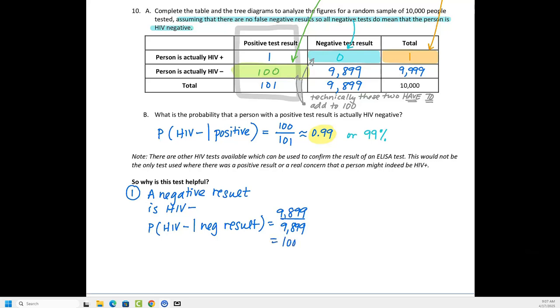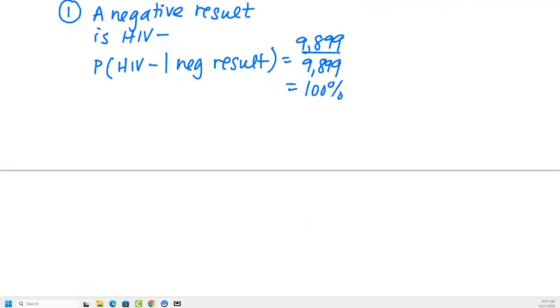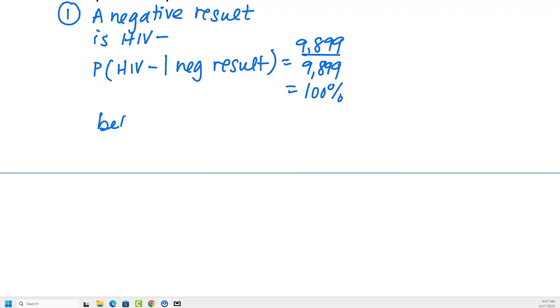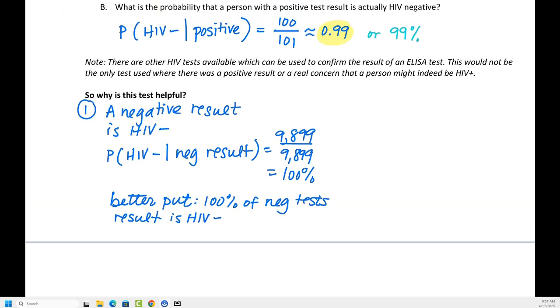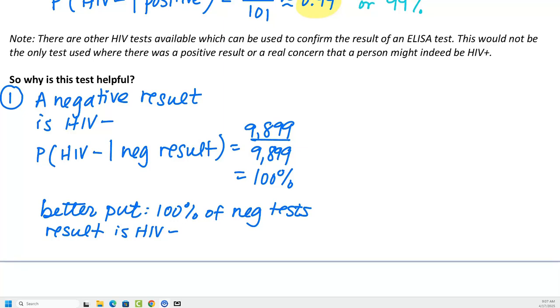Okay, that's 100%, isn't it? So better put, let's write it this way. 100% of negative test results are HIV negative. Got it?